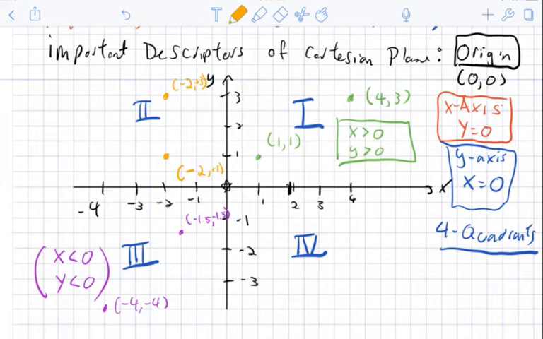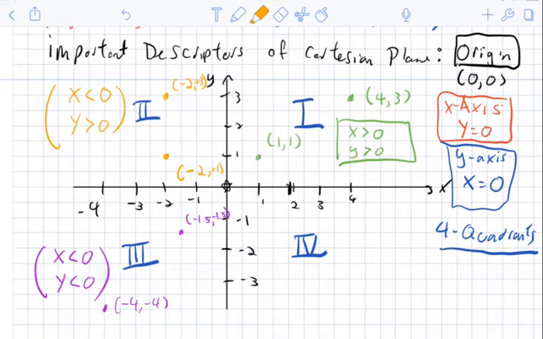Because we're on the left-hand side of the x-axis, all of the x-coordinates in this region are going to be negative. But because we're above the x-axis, all of the y-coordinates are going to be positive. So in this region, the x-coordinate is less than 0, and the y-coordinate is bigger than 0.